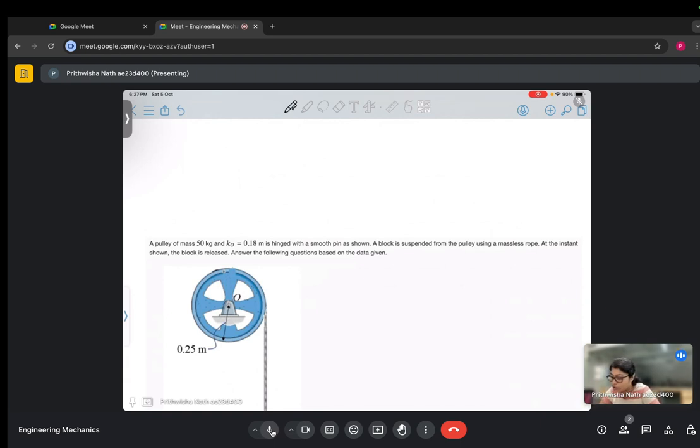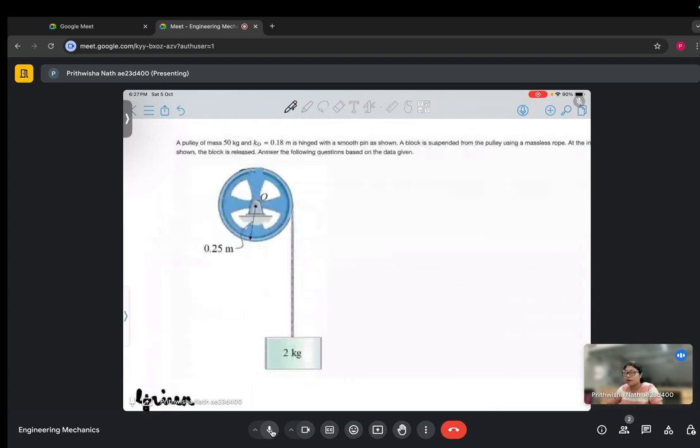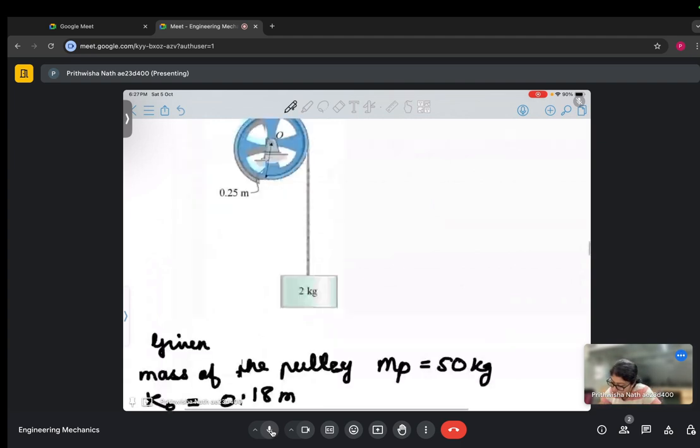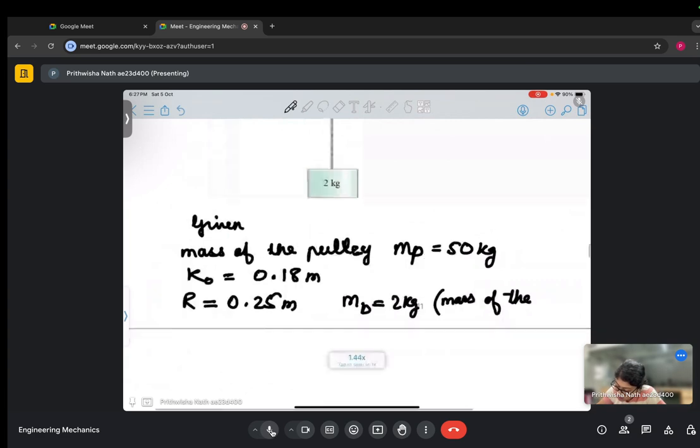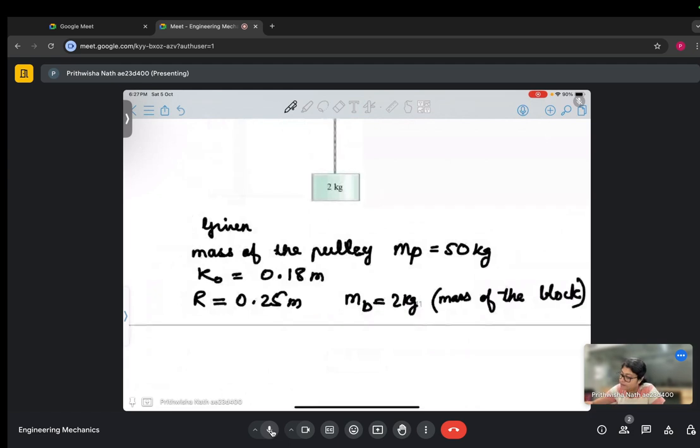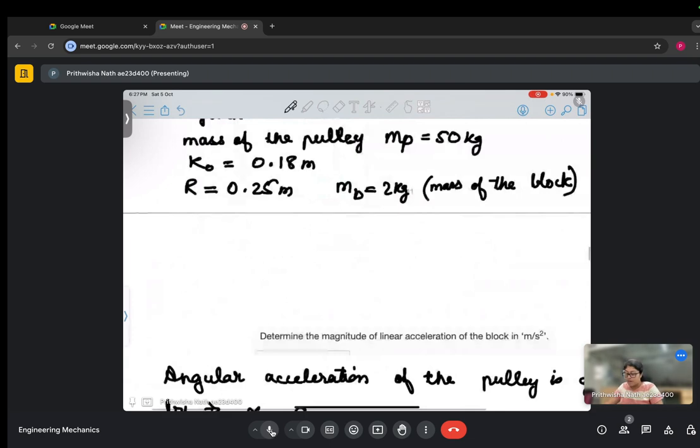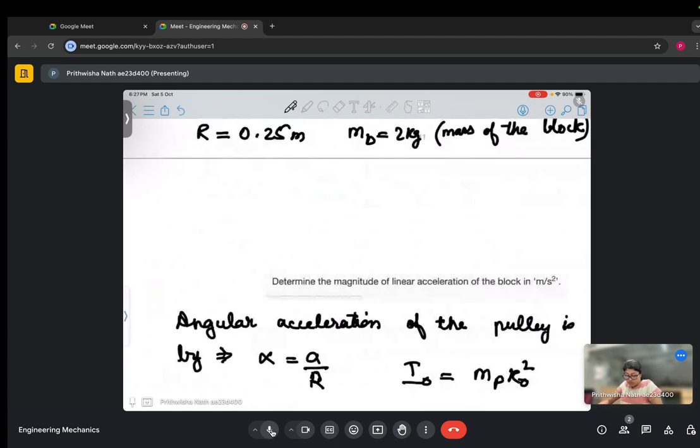The radius of the pulley is given as 0.25, and the mass of the block is given as 2 kg. We are asked to find the linear acceleration of the block.